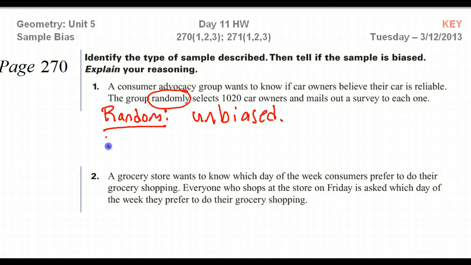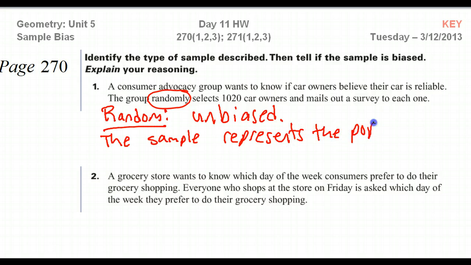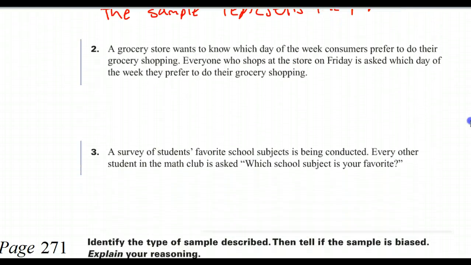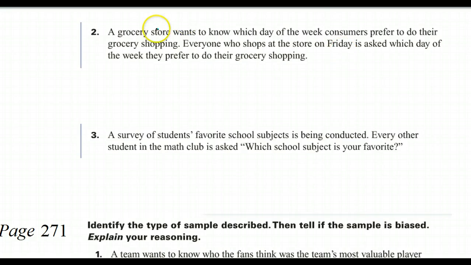And we'll just simply say that the sample represents the population. Alright, pretty straightforward when it's a random sample. Okay, that's the best. Alright, let's look at problem number 2.